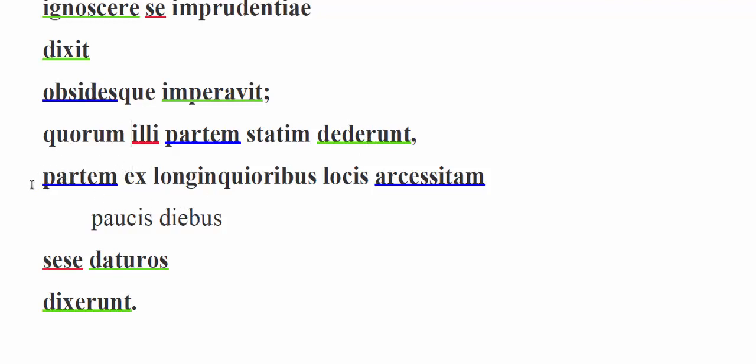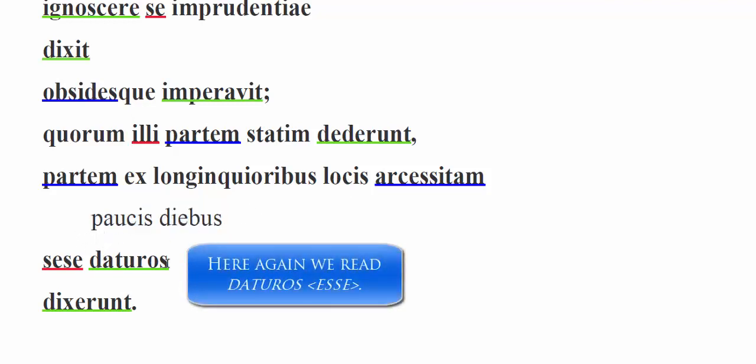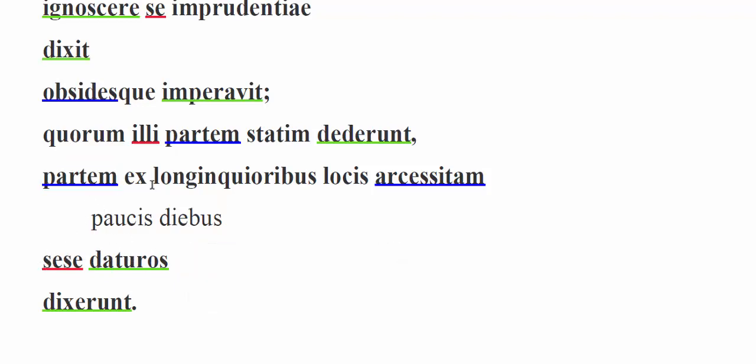But the other part of them needed to be gathered or were coming in from further off places. So in a few days they would give them, daturos is taking partem as its object, they would give over the other part of the hostages in a few days, they said.